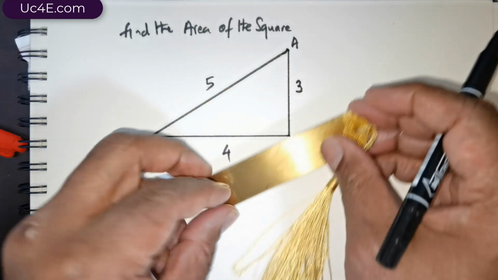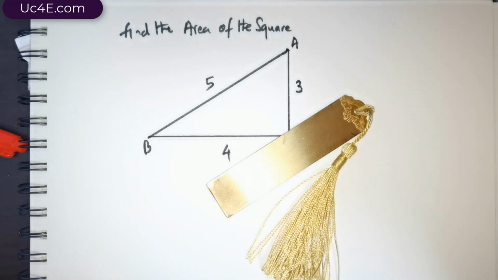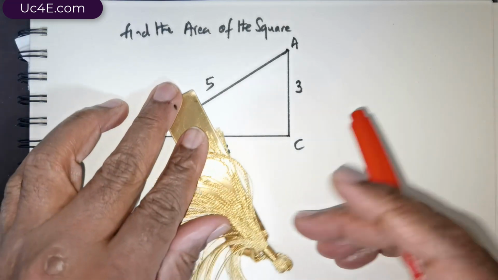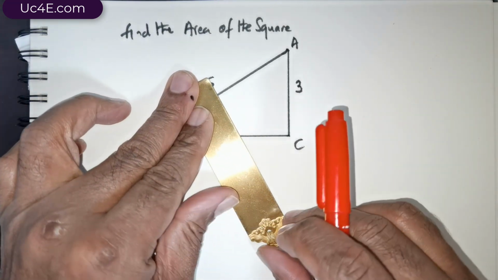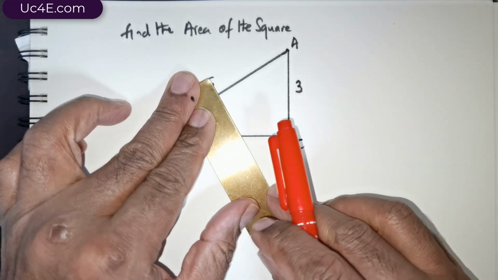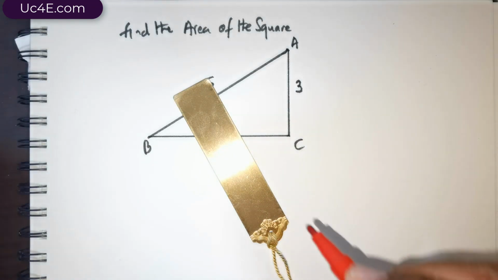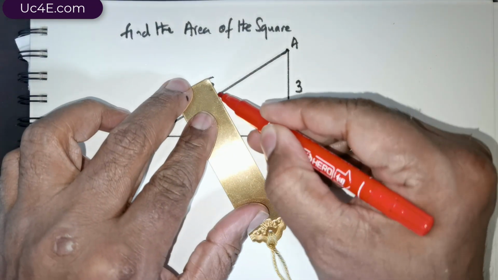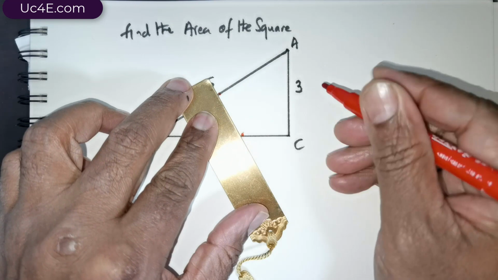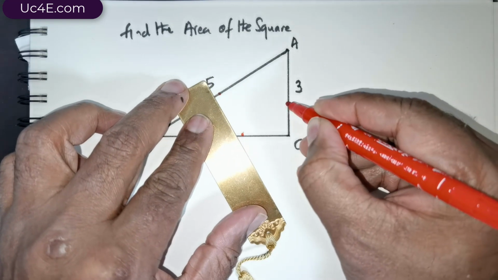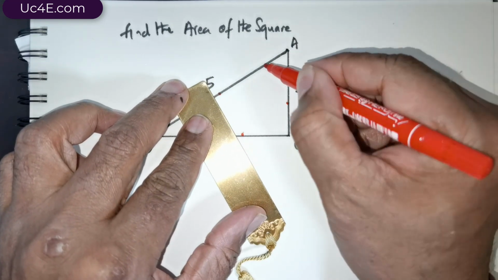So the most important part here is to place a square inside the triangle. So that's exactly what I'm going to do. It has to be a square, so I'm trying my best to have a square. So let me plot these points and see if it is a square.